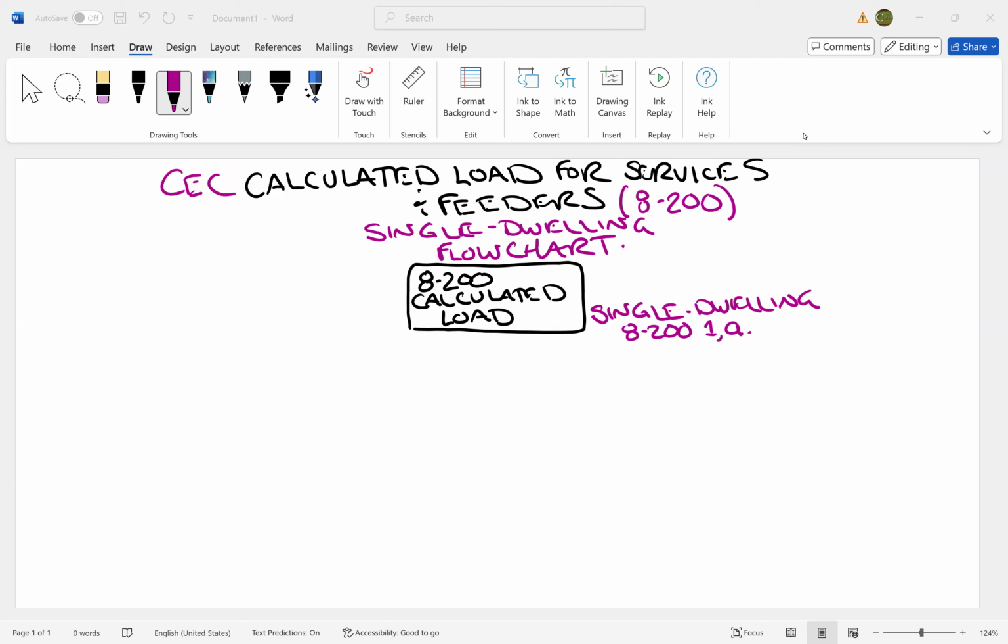And for the cooling load, all we do is calculate that AC load, the air conditioning cooling load, in watts, and we use 100% of it. So that one's pretty straightforward. And now we ask, what is higher? This is our heating load, and this is our cooling load.